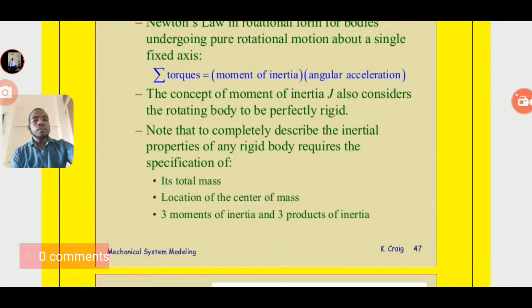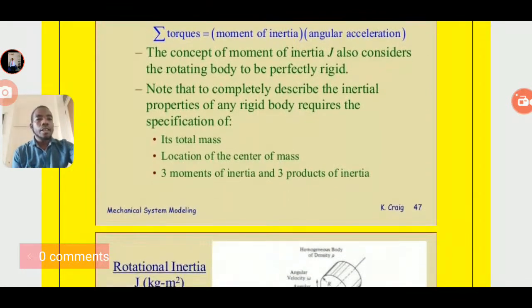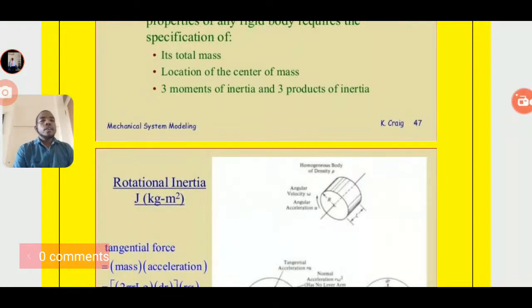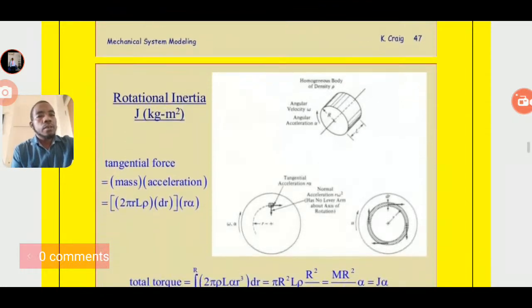The concept of moment of inertia J also considers the rotating body to be perfectly rigid. Note that to completely describe the inertial properties of any rigid body requires the specification of, one, its total mass, second, the location of the center of mass, and the three moments of inertia and the three products of inertia.